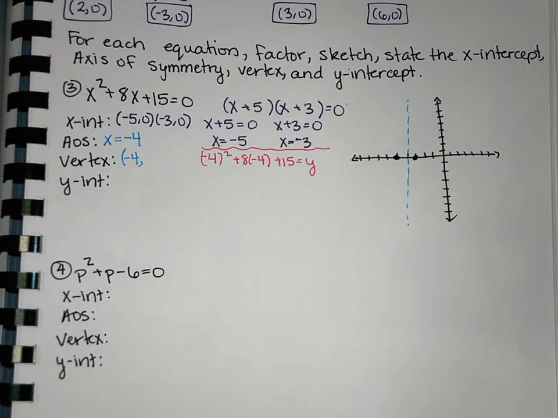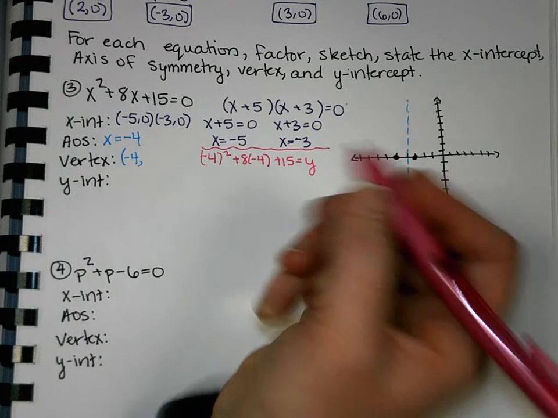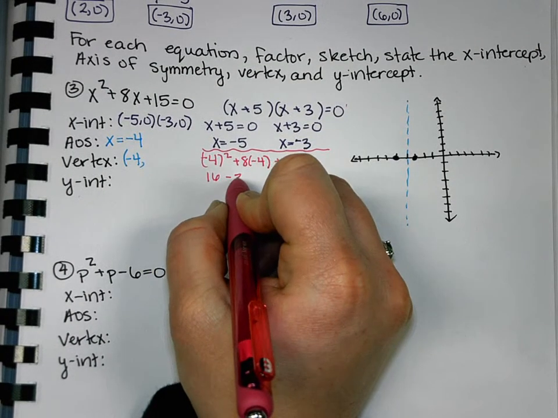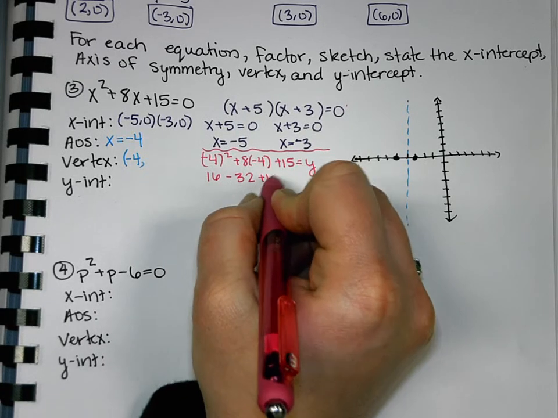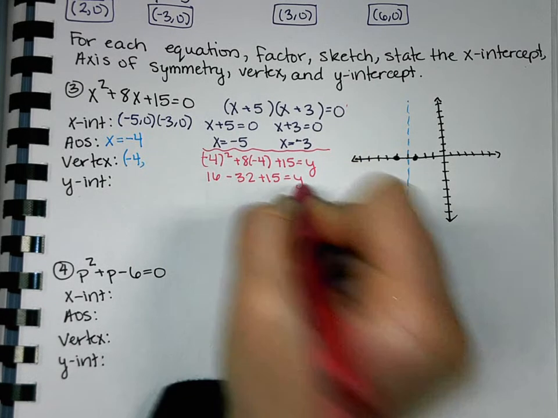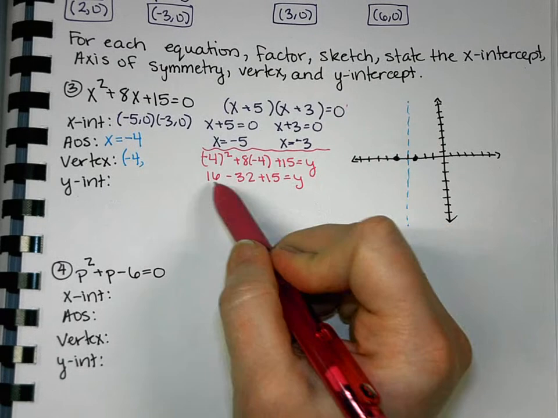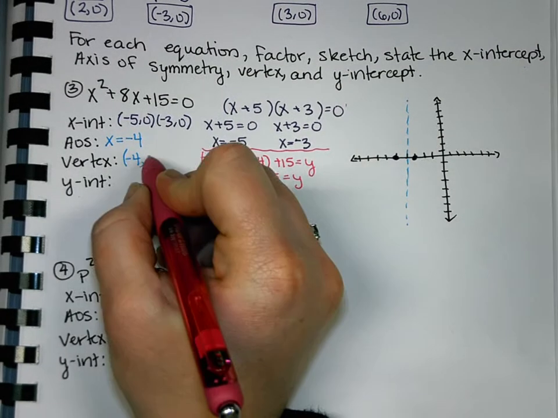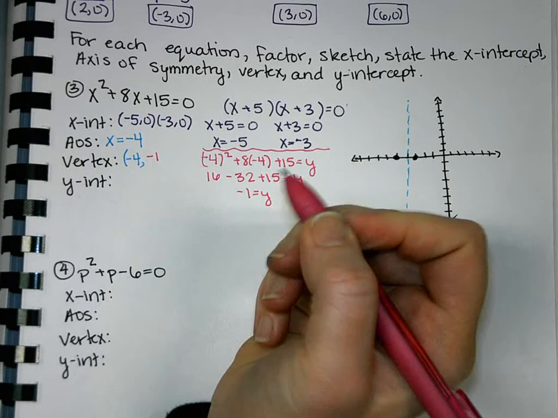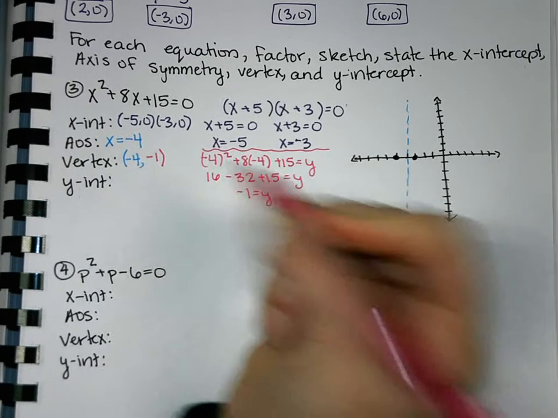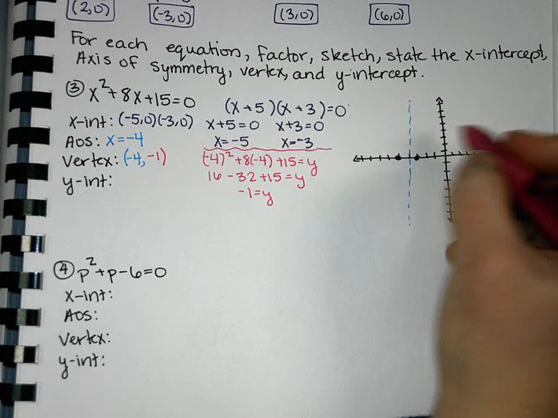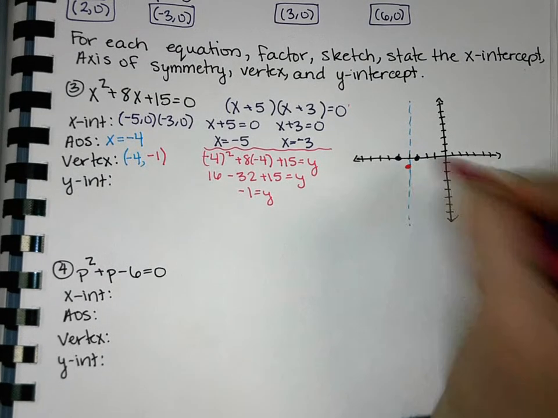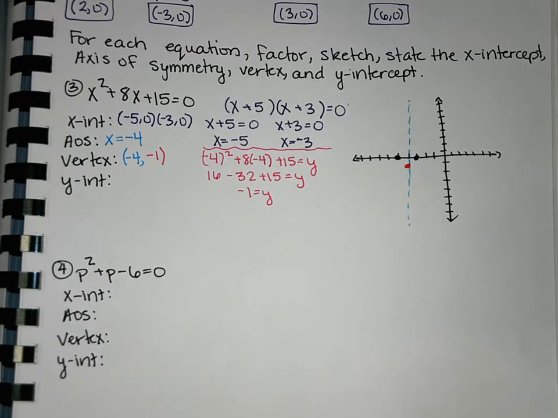We go back to y to make it a generic y. Let's see, so we'll get 16 minus 32 plus 15. So let's see, that's 31. That'll give us negative 1. So that means our y-intercept, or I'm sorry, not our y-intercept, the y value of our vertex is negative 1. So I'm going to go negative 4, negative 1. And that point should be somewhere on that dotted line you drew.